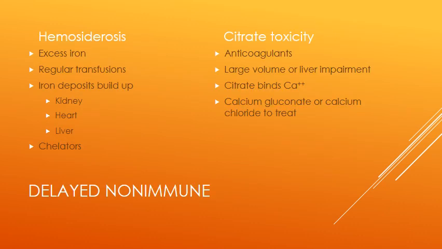There are a few other delayed non-immune things that can occur. These are non-immune, so we have a hard time predicting them with our testing. But they are secondary to receiving usually more than one transfusion. One of them is hemosiderosis. It's basically excess iron, right?